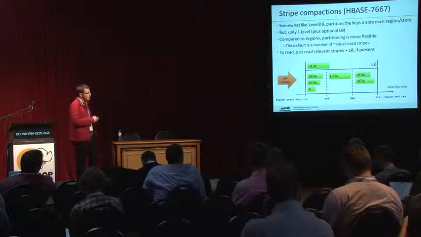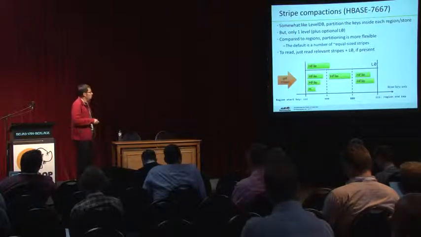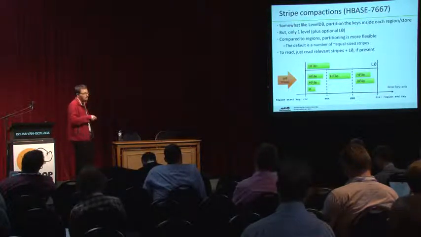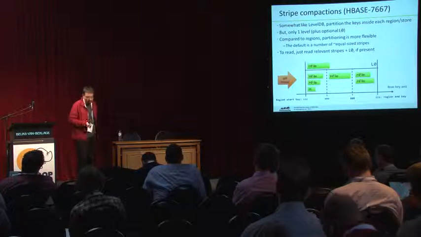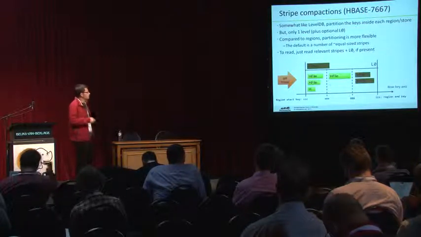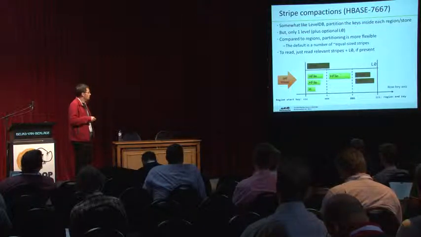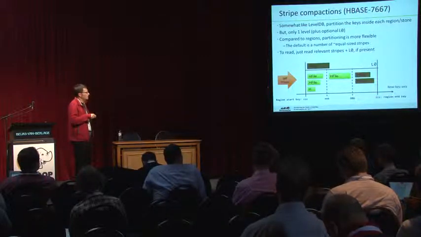So whenever a read comes in HBase, normally you have to consult every file if this was a normal region. But since we're using stripe compaction, we only consult the files of the sub-range, and the files of L0.